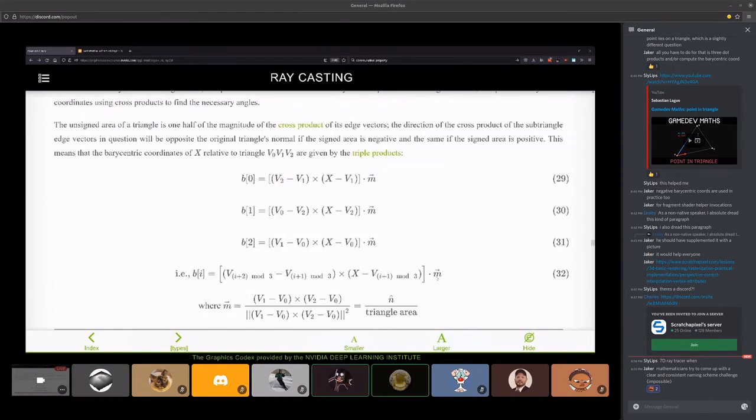Are you asking where N comes from or M? No, M. Oh, M is defined on the last line. And is it saying M is the magnitude of the cross product? No, it's a normalized cross product. Wait, but why is it squared?